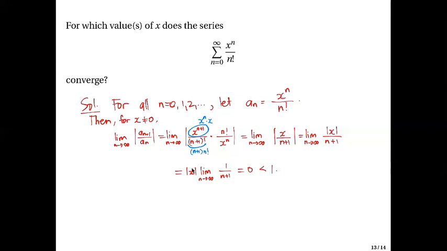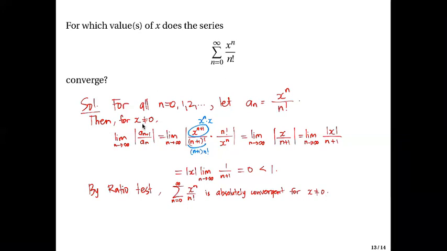So by the ratio test, the series of x to the n over n factorial, n from 0 to plus infinity, is absolutely convergent for x not equal to 0. Just for this part of the solution, we have this conclusion.